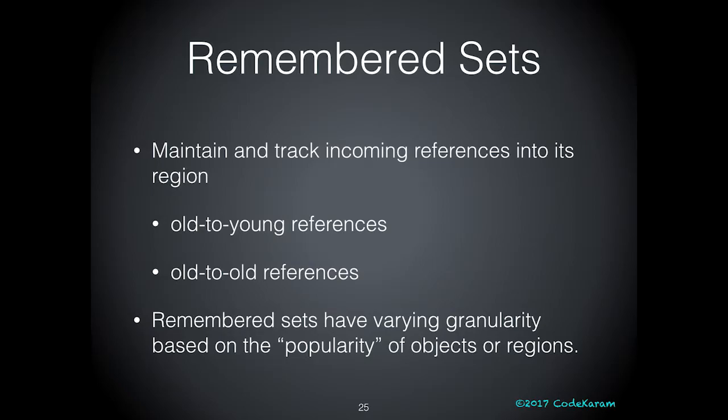If I am a region and I have one popular object, which means everybody's trying to access it, then my remembered set will get denser. If I have multiple popular objects, then again my remembered set is going to get denser. So based on the popularity of the region, the density of remembered sets will increase, and that's one of the reasons you may have performance degradation.